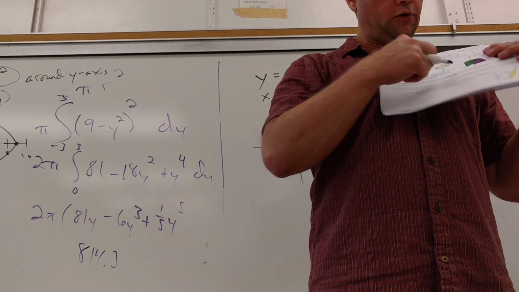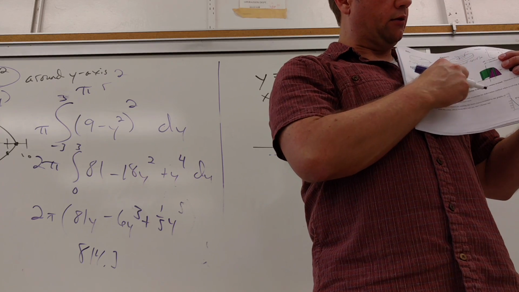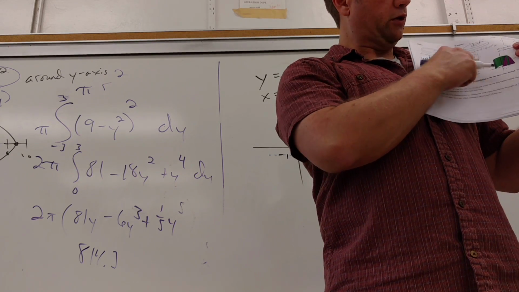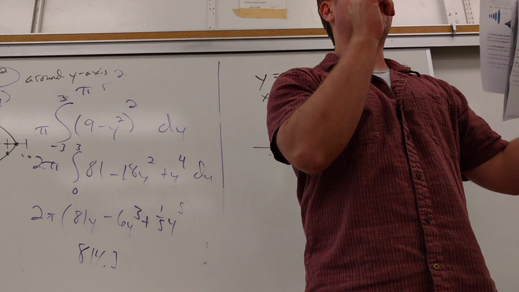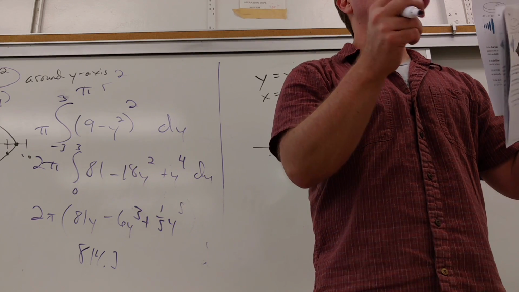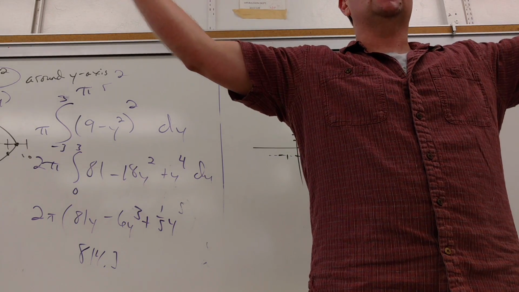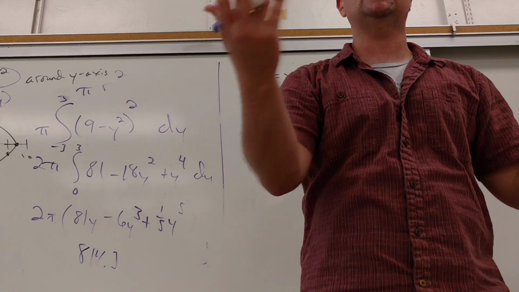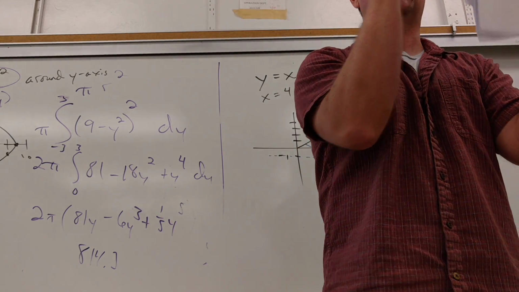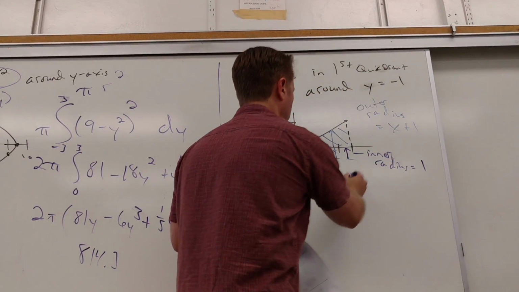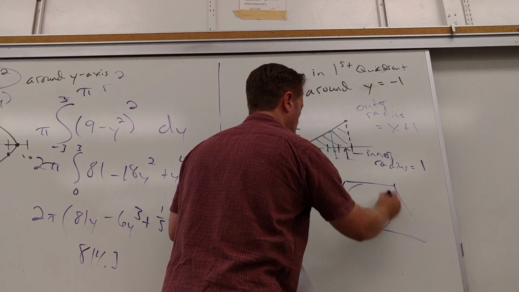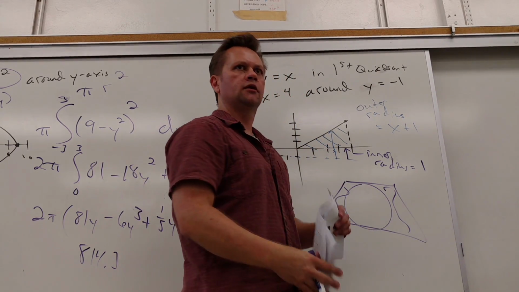So real quick, we'll do this next. But right in the middle there, where it says washers, I hate that they make it sound like it's a different thing. Washers are just the outer disk, subtract the inner disk. It's just the disk method, where I subtract the middle one. It's sort of like what I call a cookie cutter problem, when you had a trapezoid and a circle cut out of it and it said find the shaded area.